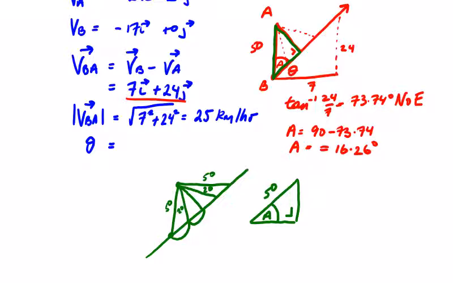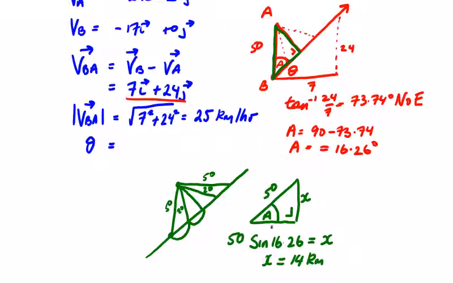So we can definitely get both of these sides. Let's get x. So we could say that the sine of 16.26 is equal to x over 50. So put the 50 in front and do it in one step. This works out to be 14.00014. So x is 14 kilometers.